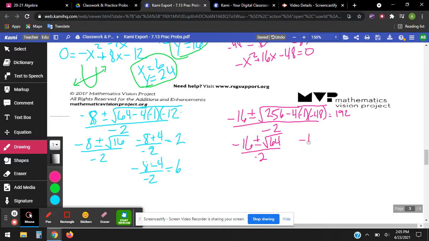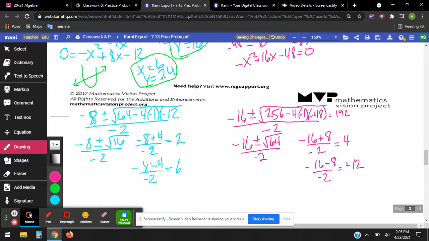So negative 16 plus 8 divided by negative 2, and negative 16 minus 8 divided by negative 2. Negative 16 plus 8 is negative 8, divided by negative 2 is a positive 4. Negative 16 minus 8 is negative 24, divided by negative 2 is positive 12.